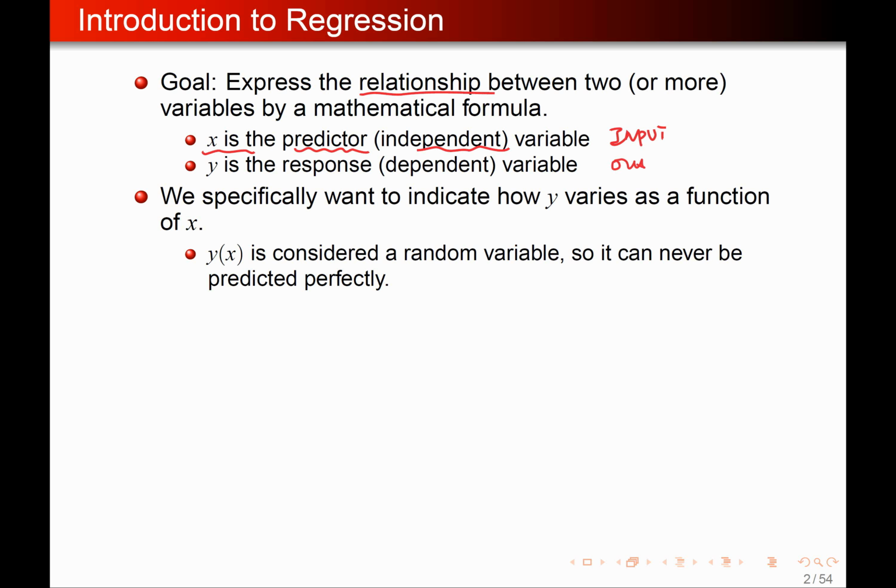And this is the output variable. Y is the response variable. And response variable is also called a dependent variable. We specifically want to indicate how y varies as a function of x. So y(x) is considered a random variable, so it can never be predicted perfectly.